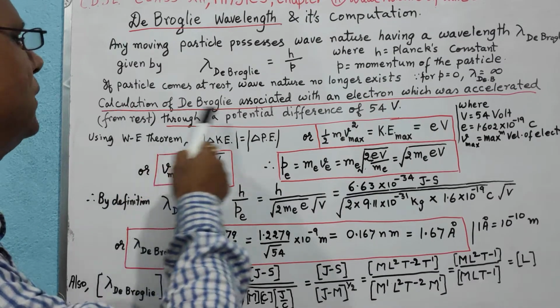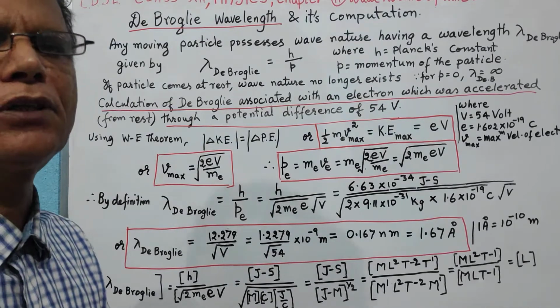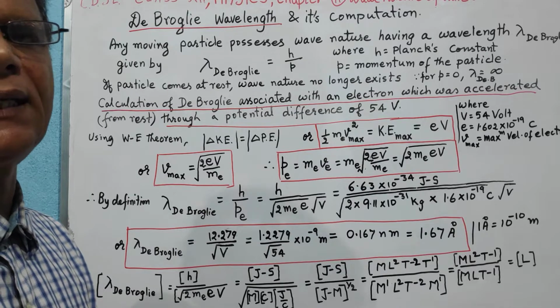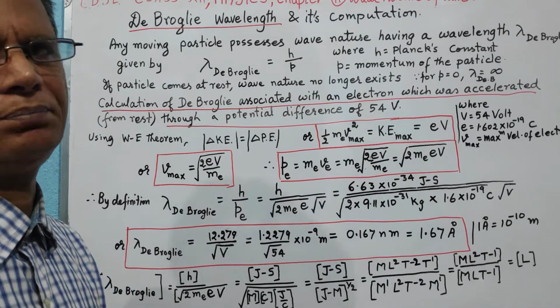Now, how are we going to calculate the de Broglie wavelength associated with an electron which is being accelerated through a potential difference of 54 volt? Why are we selecting this particular voltage?